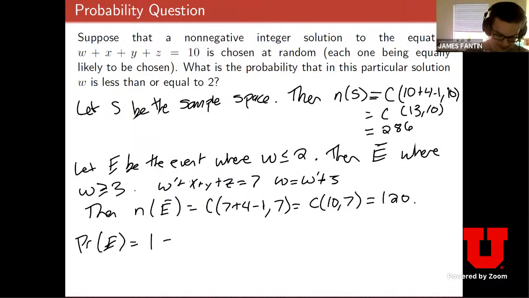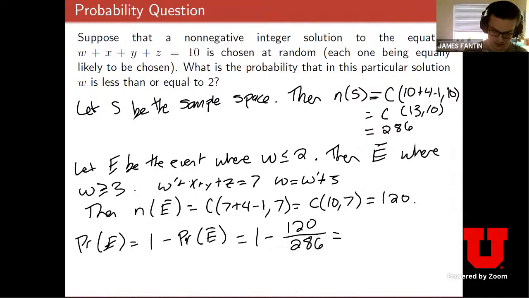So the probability of event E happening is just 1 minus the probability that E bar happens, because in this case, either event E happens or E bar happens. They're mutually exclusive. And then what's the probability of E bar happening? Well, that's just the number of outcomes of event E bar divided by the total.